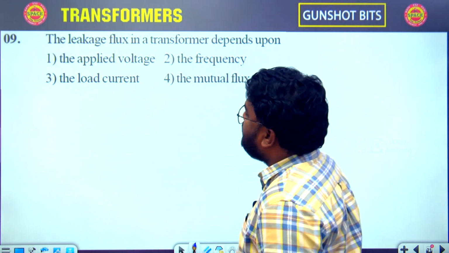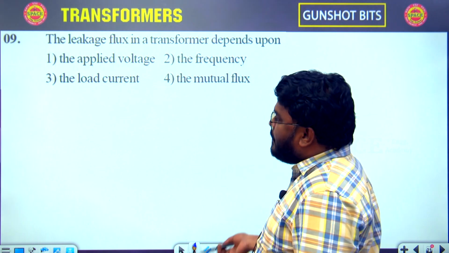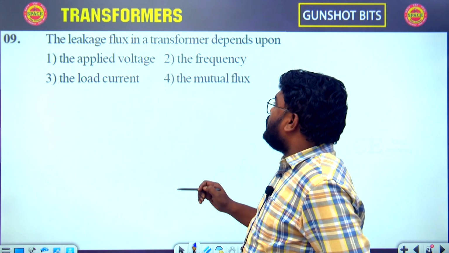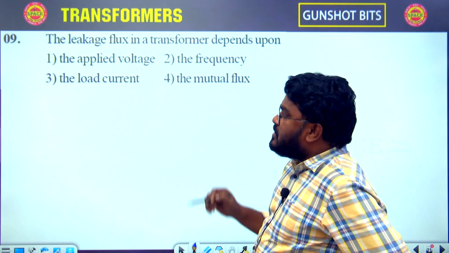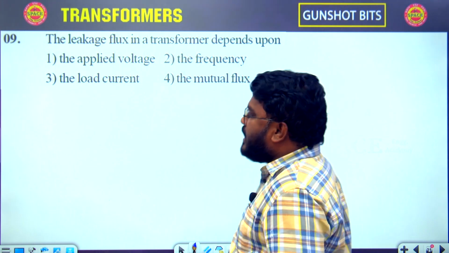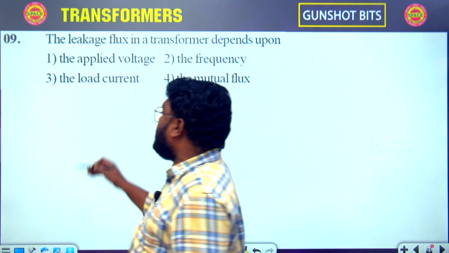The question is, the leakage flux in a transformer depends upon: option 1, applied voltage; option 2, the frequency; option 3, load current; and option 4, mutual flux. The leakage flux is a load component of the flux.